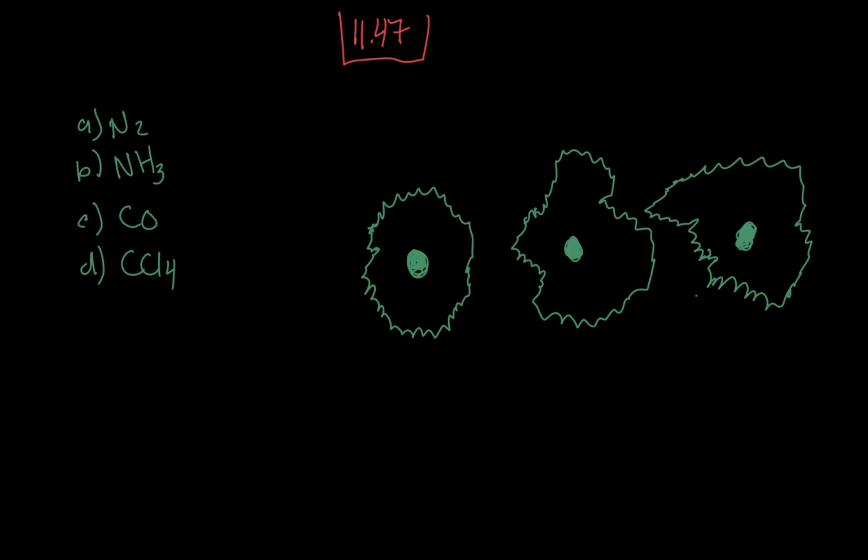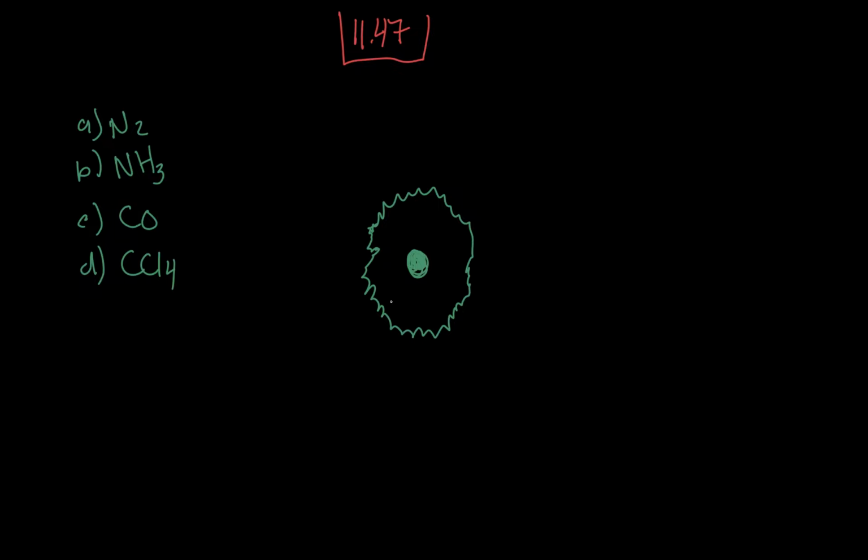So to some tiny degree there has to be some kind of net positiveness here and net negativeness there, even if it's just transient and disappears as quickly as it comes. These little irregular things we call dispersion forces. Okay, so that's those.